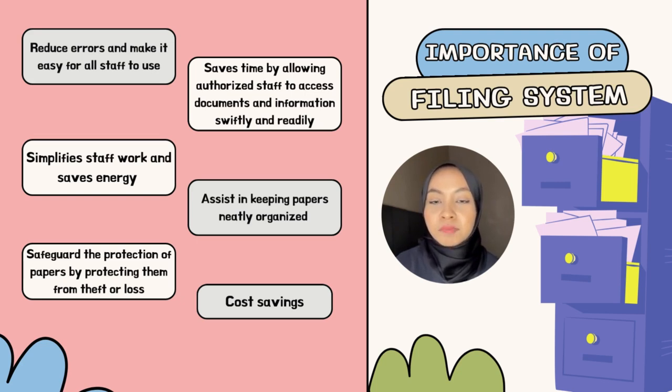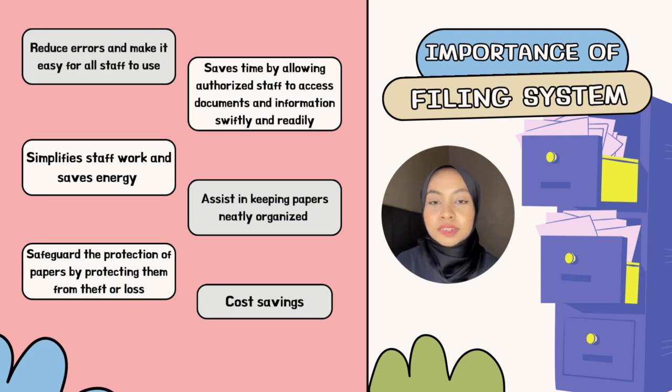It also simplifies staff work and saves energy, demonstrated when employees at all levels can easily access and use records without unnecessary delay after implementing a solid filing system. Other than that, it assists in keeping papers neatly organized in an organization by referring to a suitable filing system that meets the duties under both international standards and regulatory requirements.